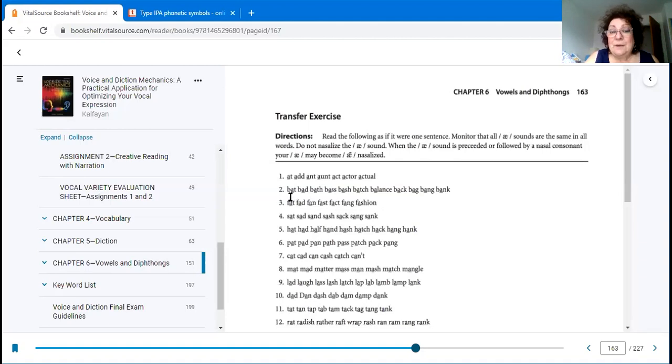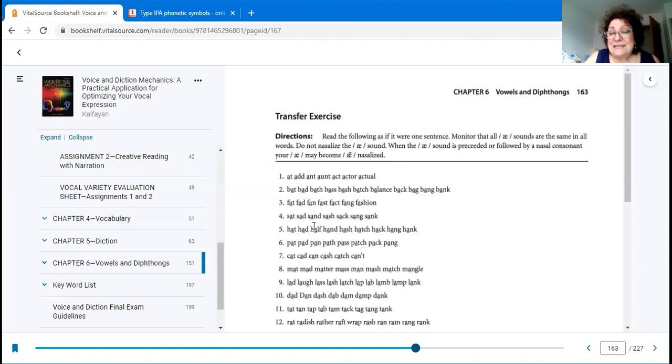So I take the first word, bat, and I take the word that I nasalize, bang, and I make them match. Bat, bang, bat, bang. You can hear the difference if I went bat, bank. Doesn't sound the same. Number 3, fat, fad, fan, fast, fact, fang, fashion, fan. Oh, I'm a fan. Fat, fan. If I put them together, fat, fan. You can hear the difference.